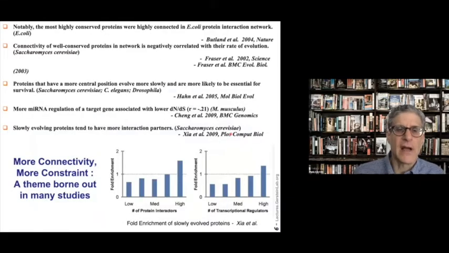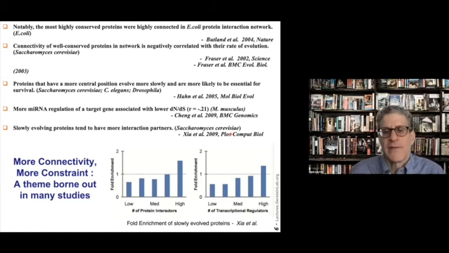And one way of saying they're very protected is they're very essential in a biological context. And actually, one thing people have found is that the hubs in scale-free biological networks, such as protein interaction networks or regulatory networks, tend to be more conserved. The proteins tend to evolve more slowly.